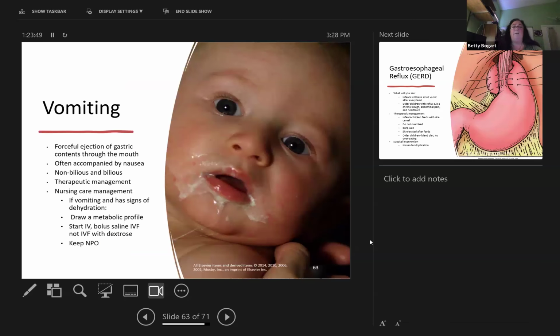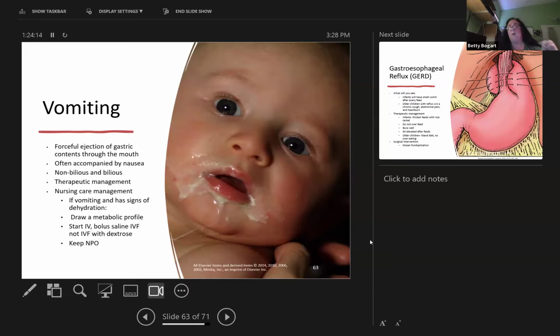Okay, let's go into vomiting. Vomiting is just coming out of the mouth, and there are all different types, and we're going to go into those things. What do we do if a kid is vomiting a lot? Well, what's our biggest concern with children? Dehydration. So we are going to draw a metabolic profile. Let's get a beginning. Let's see what we're starting at.